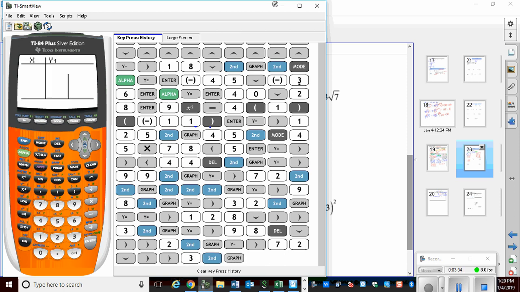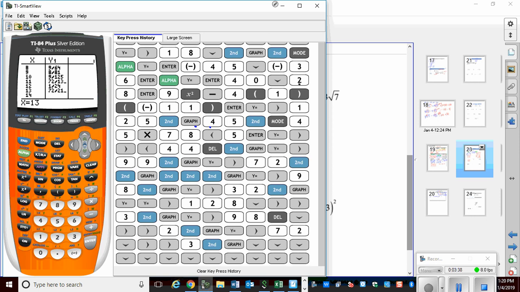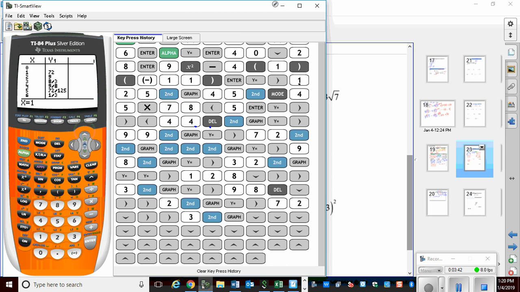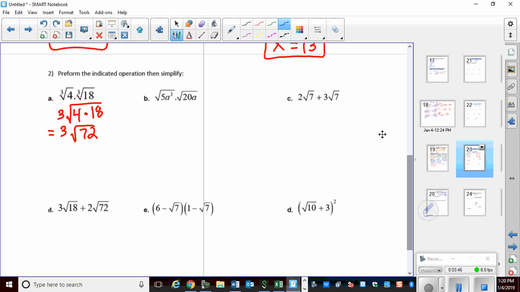Look for that smallest y. And it looks like 9. I'm going to go down and make sure that's correct. And it looks like 9, which is paired with 2. Can't be 1 and 72. It's got to be 9. So this equals simplified to cube root of 9. Make sure you circle your answer so there's no confusion.